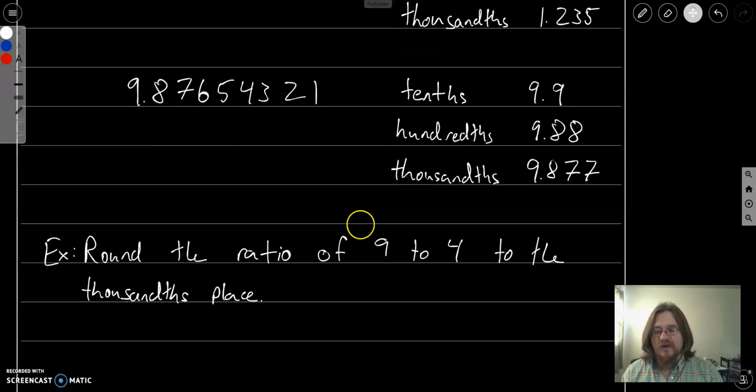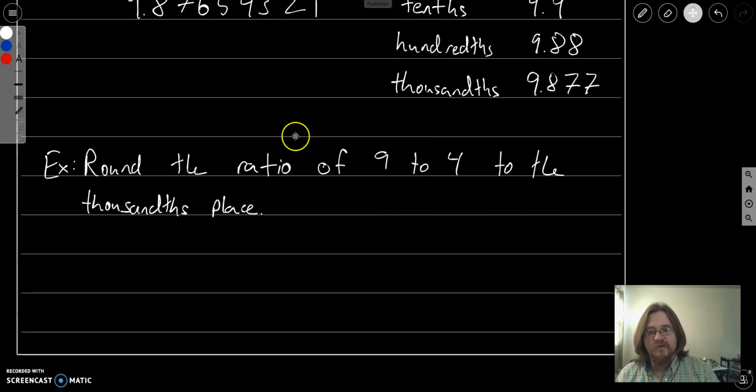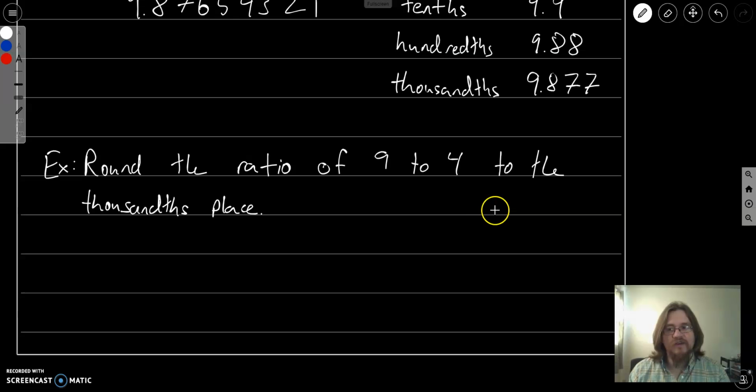Let's do an example where we combine ratios and rounding. So here, we want to round the ratio of 9 to 4 to the thousandths place. So first of all, we have to find the ratio, and then we round it. So the rounding should always be the last step. So let me write that down.